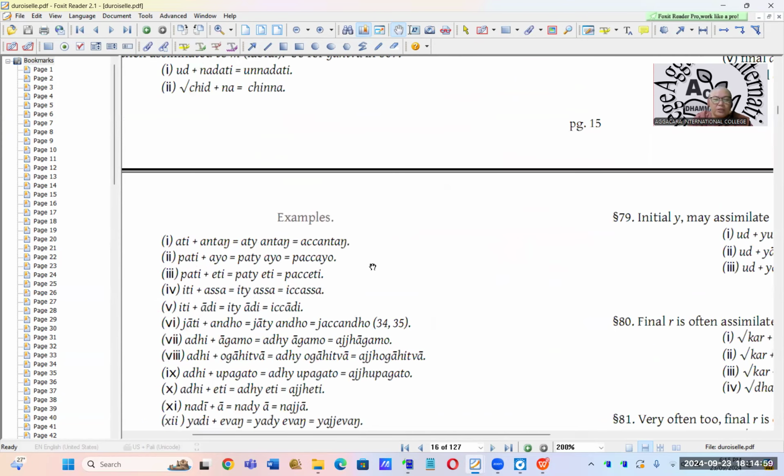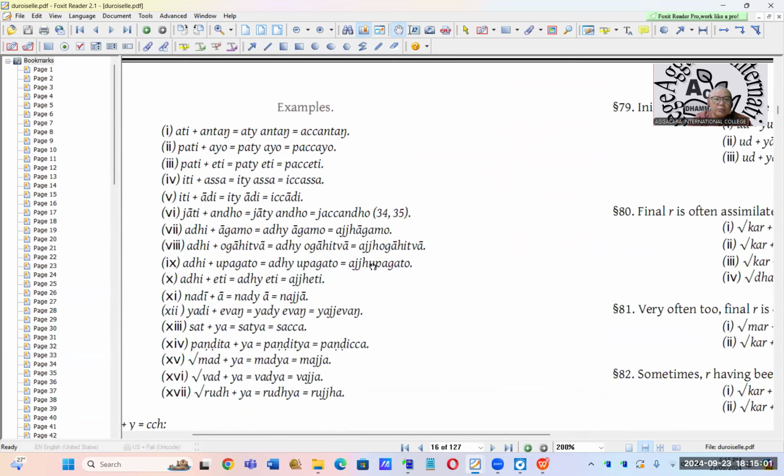And then on page 16, also the same. The I becomes Y. Y is a semi-vowel for the I, as I already mentioned a few times before. So TY becomes CC like we saw just now. So you get pati plus ayo becoming paccayo. TY becomes CC here. And then iti plus asa.